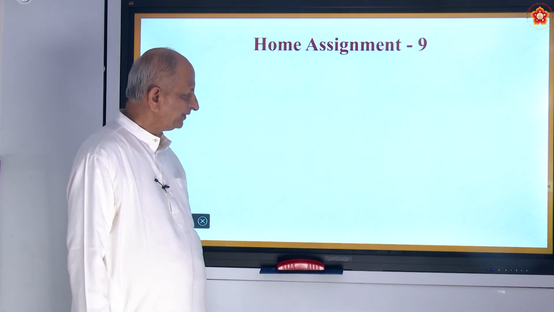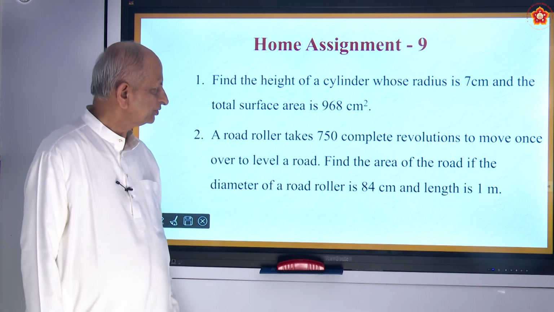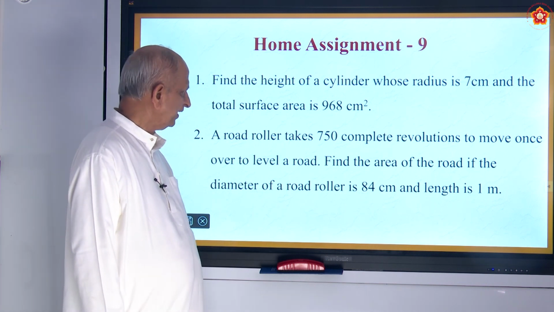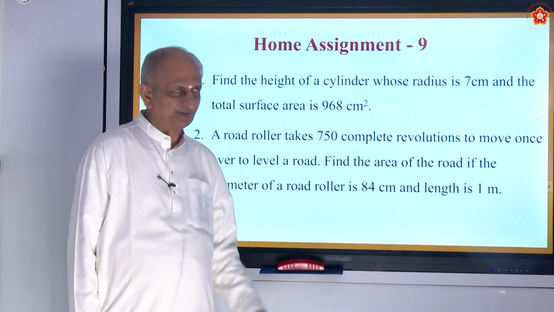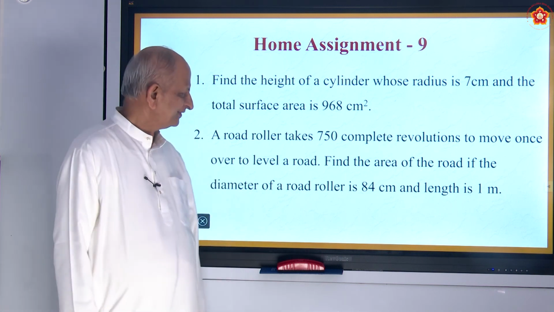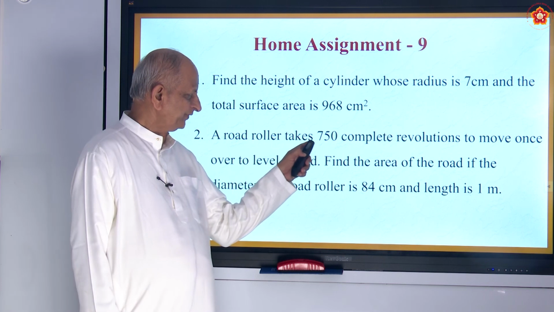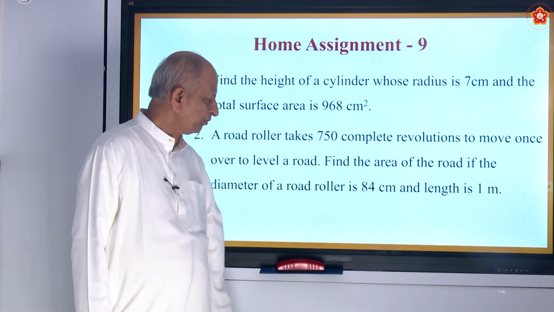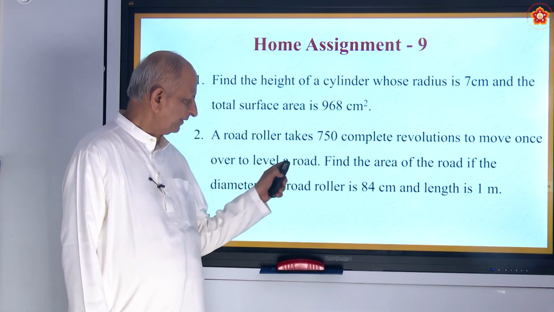Now home assignment. Find the height of a cylinder whose radius is 7 centimeters and total surface area is 968 square centimeters. Second question. A road roller takes 750 complete revolutions to move once over to level a road.